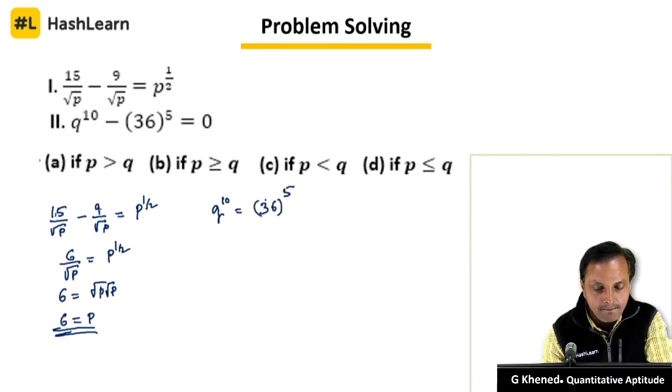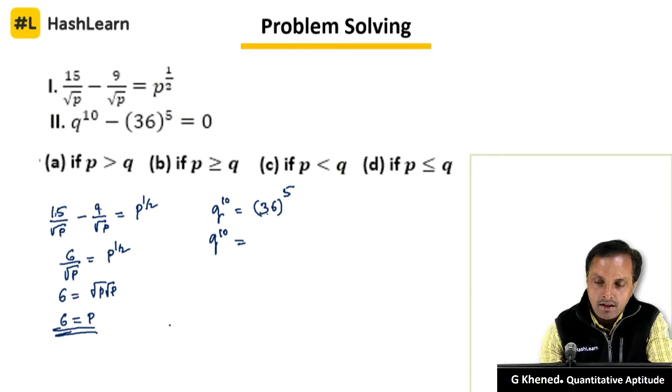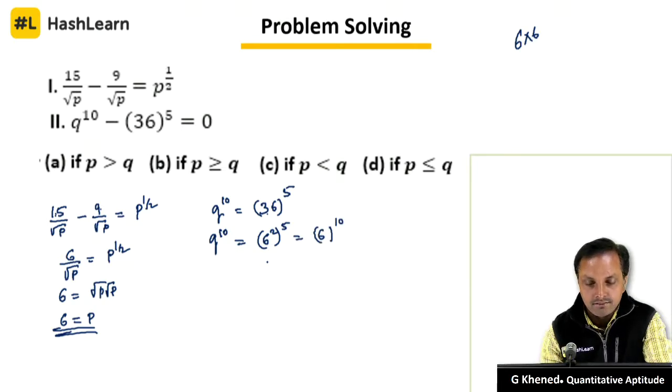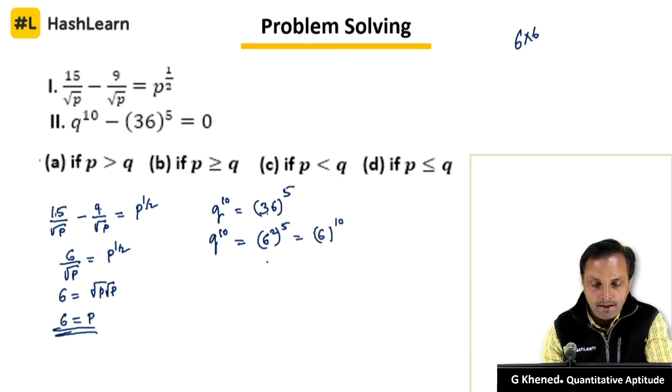You can write this way, q power 10, 36 is 6 into 6. I can write it as 6 square, 6 power 10. You know that the value of q will be equal to plus or minus 6.